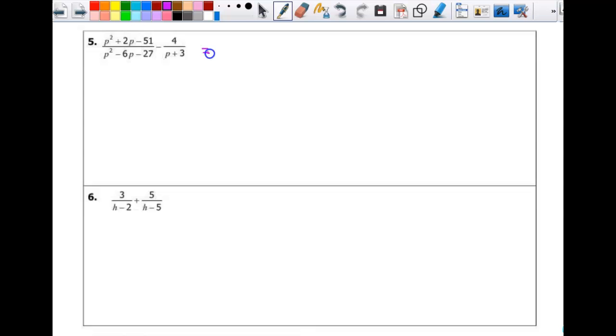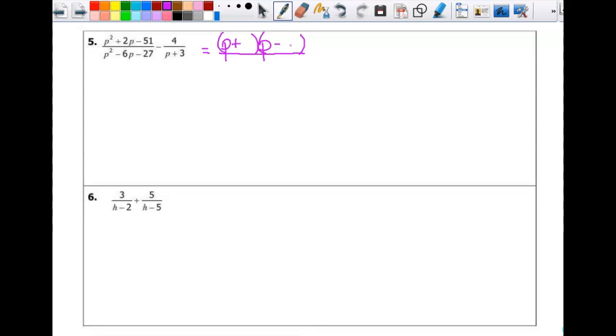So in the numerator of this one, let's go ahead and try to factor this. The a is 1, so I can go ahead and jump to these parentheses. This is p, this is p, this is negative, so my signs are opposite. I need two numbers to multiply to give me 51 and subtract to give me 2.